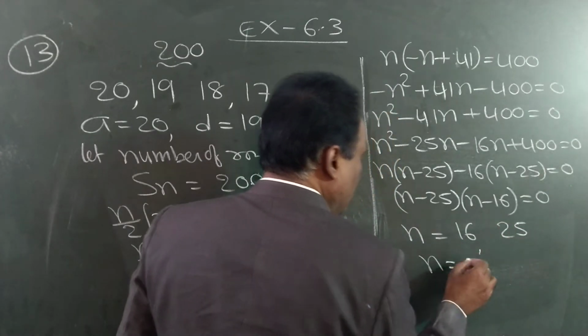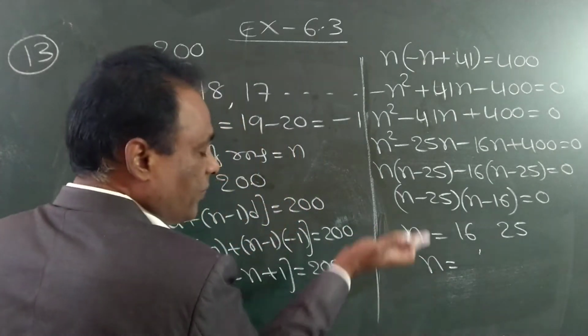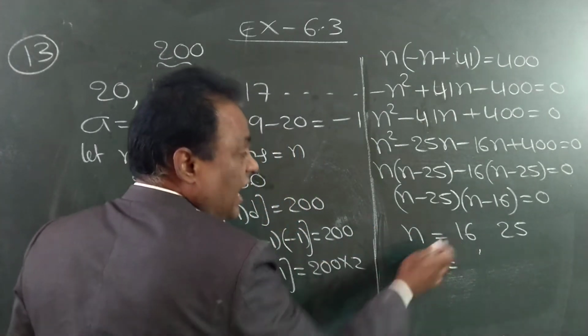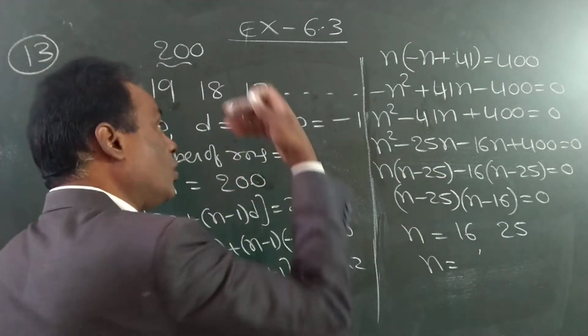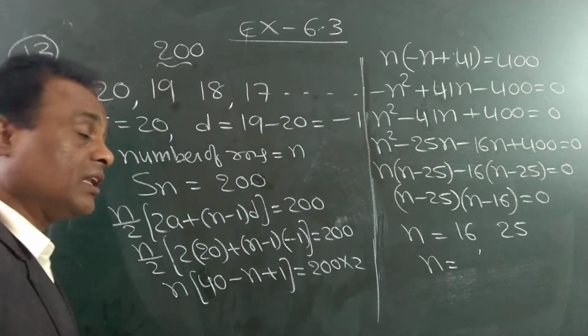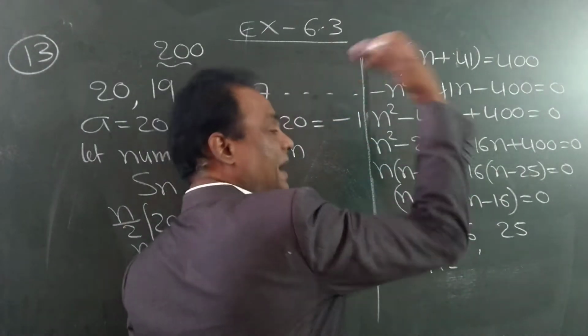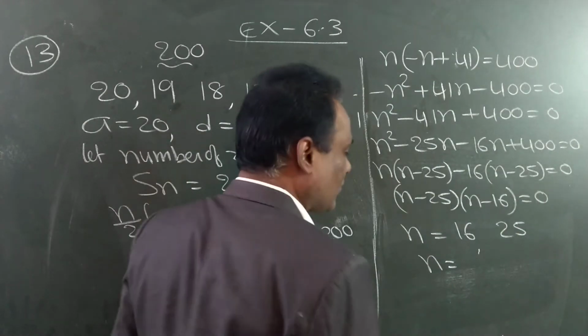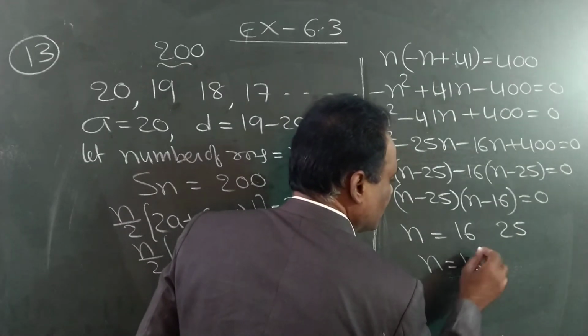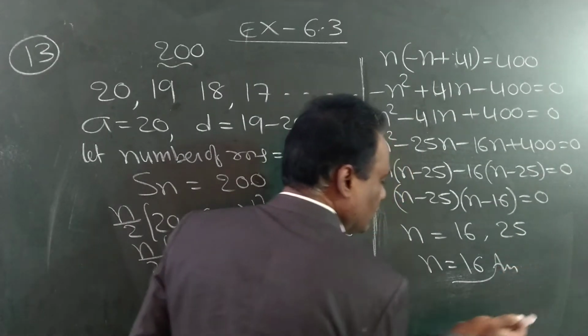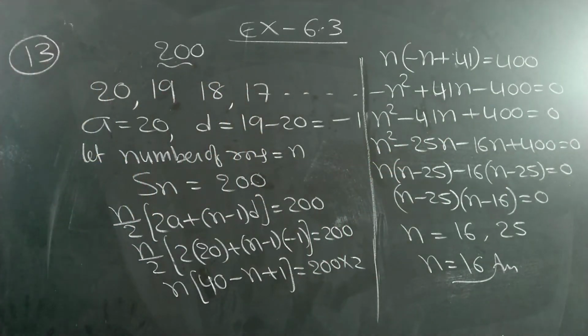But from the base, we take only the starting value, because up to 16 rows our 200 logs will be over. So 16 is the answer. Take 16 only, the starting value. 16 rows.